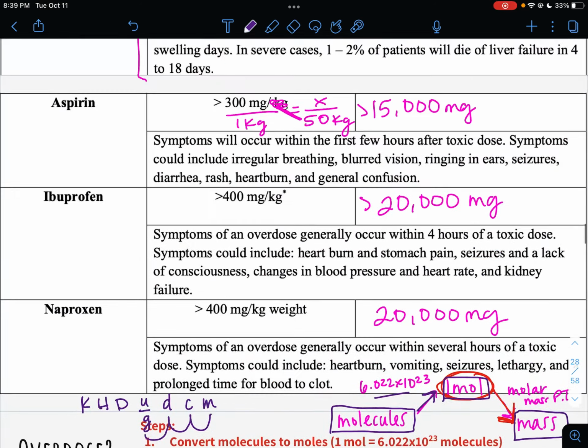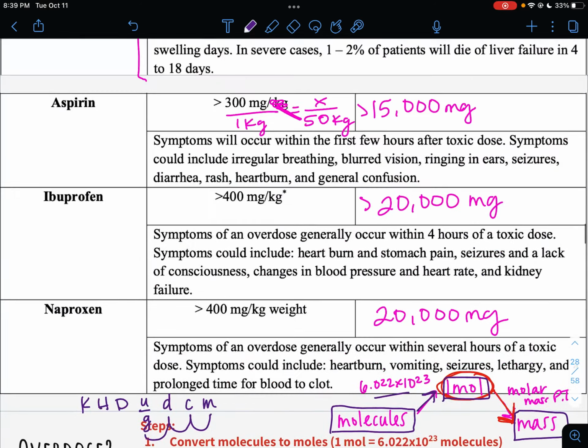So that's saying that for the first row, for acetaminophen, it takes 10,000 milligrams to reach a toxic dose. And we know that one pill has 622 milligrams. So that's your first 2 columns.